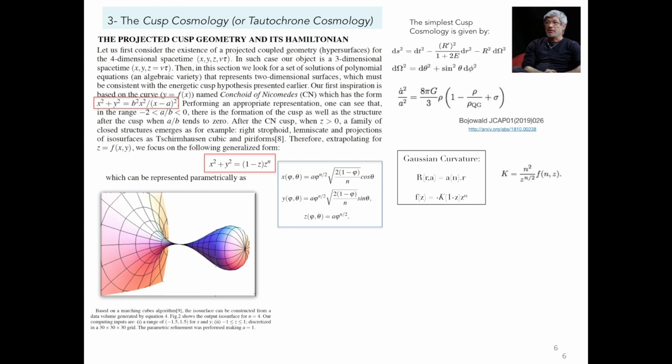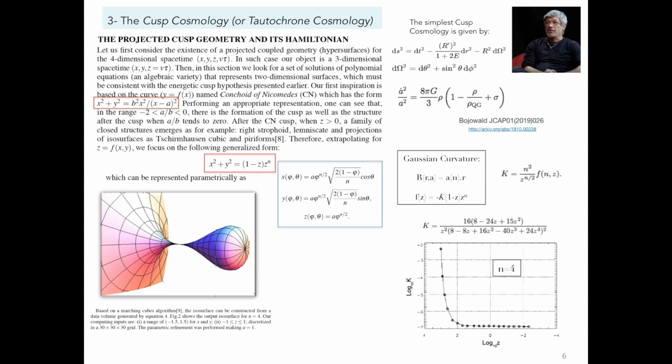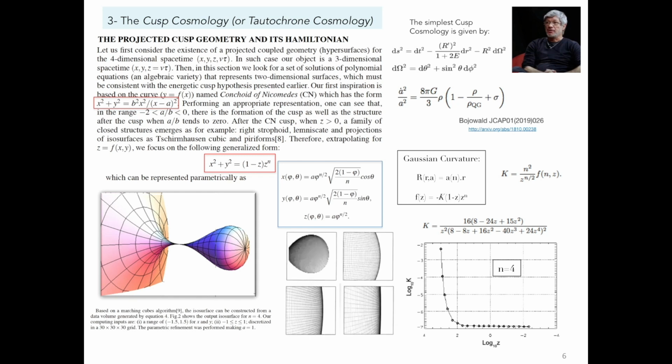For a given n in Cusp Cosmology, we can compute the Gaussian curvature as a function of the redshift. This is currently the strongest argument for testing Cusp Cosmology. So we see that even if the curvature of the baryonic sector is closed, the expansion makes the universe locally flat, which is absolutely compatible with the observations and also with inflationary assumptions, which are very common in cosmology.